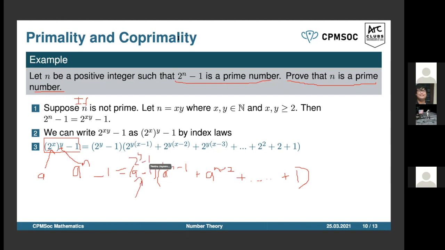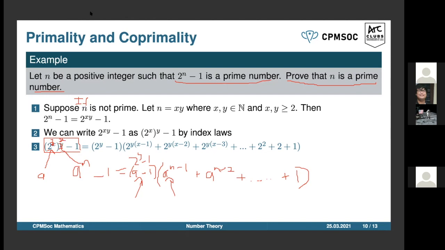Wait, actually they did it the other way around. So in fact, the solution over here had a y here and an x here.